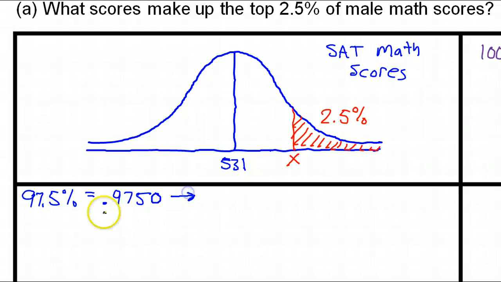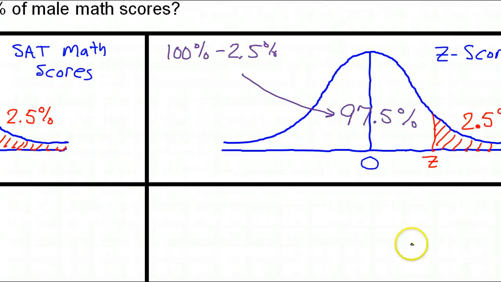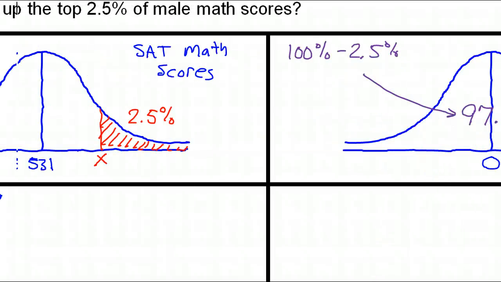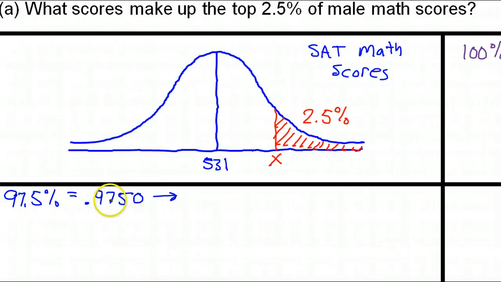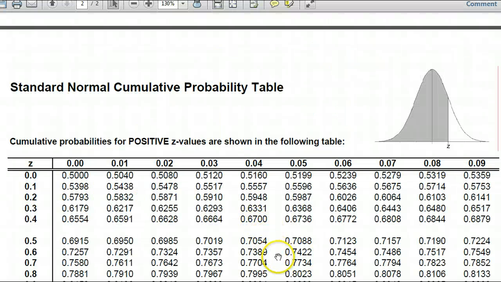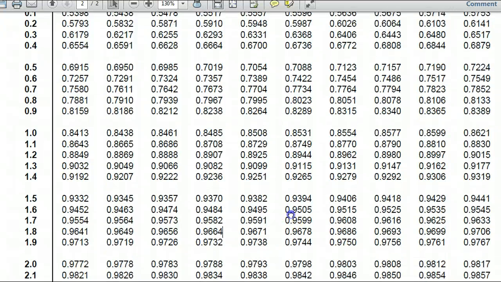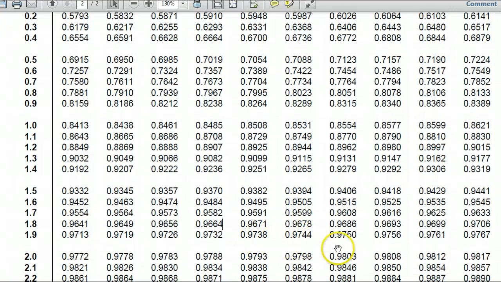So I am going to look for the closest thing I can find to 0.9750, and that will tell me the right z-score to use. 0.9750. Okay, 0.973. Whoa, 0.9750. It's exactly right there.